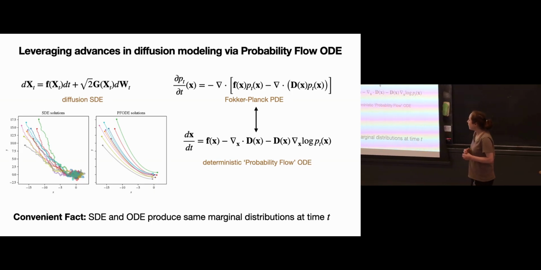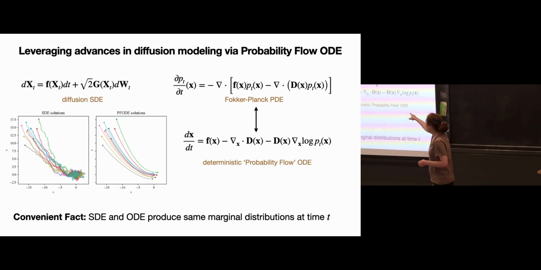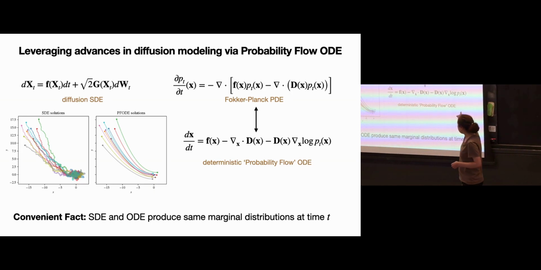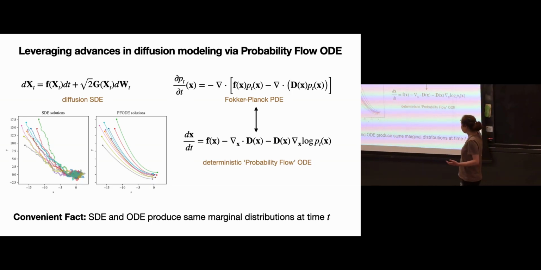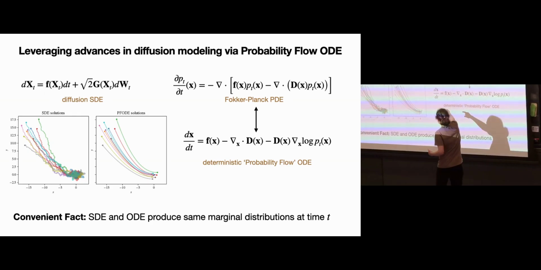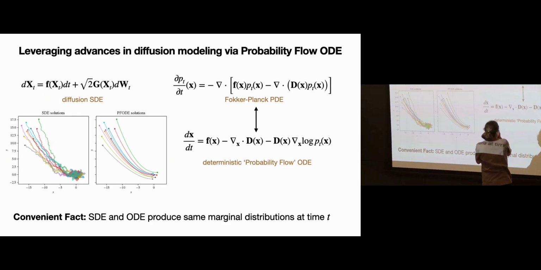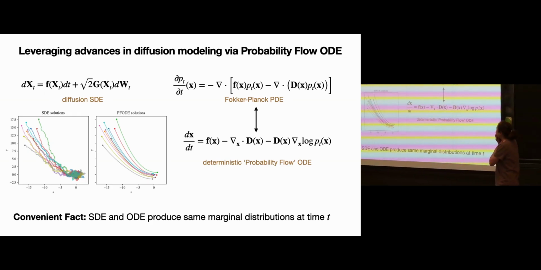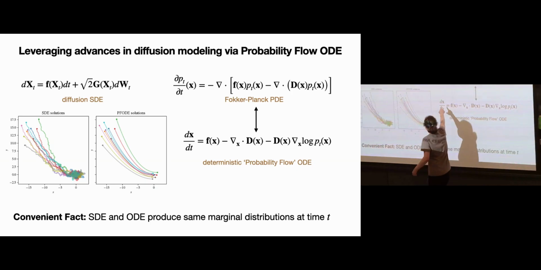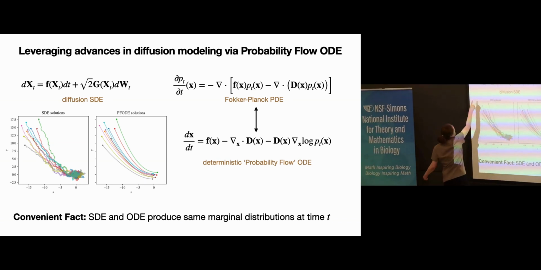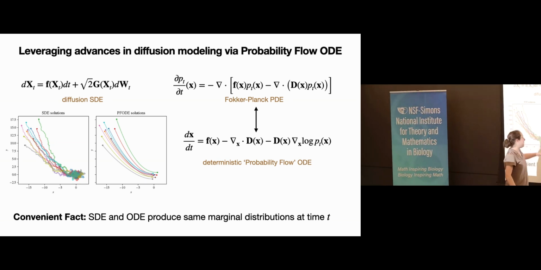As you can see, it's an ODE, so it's a deterministic equation for these x's. And the probability distribution over these x's is the same as the probability distribution over the stochastic process, but they flow smoothly.